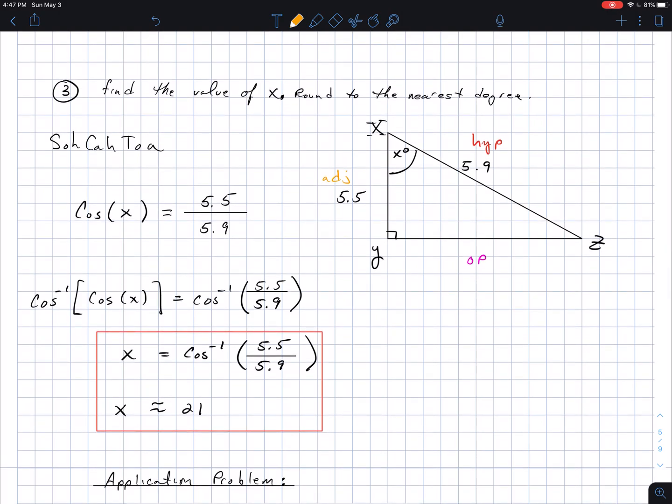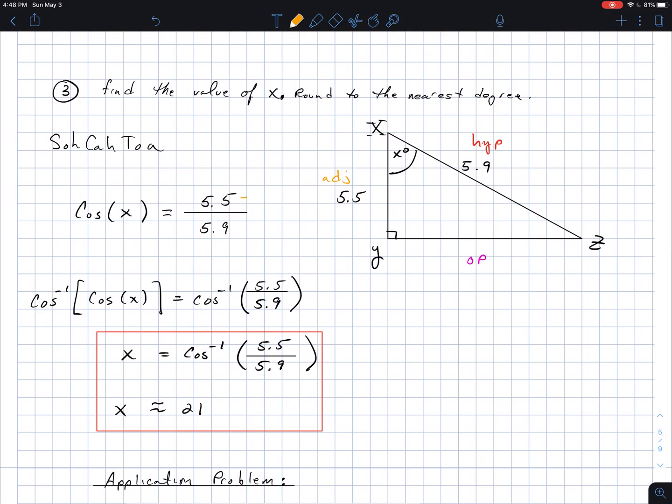Okay, third problem. We're going to find, again, the value of x, and we're going to round to the nearest degree. So I've really simplified it, right? Okay. I've labeled the triangle correctly. I've done the color coordinating to show you with respect to the angle x. I then use the cosine, adjacent over the hypotenuse.